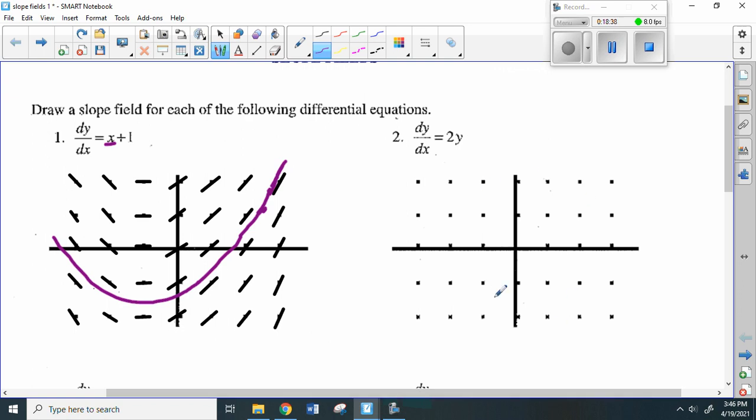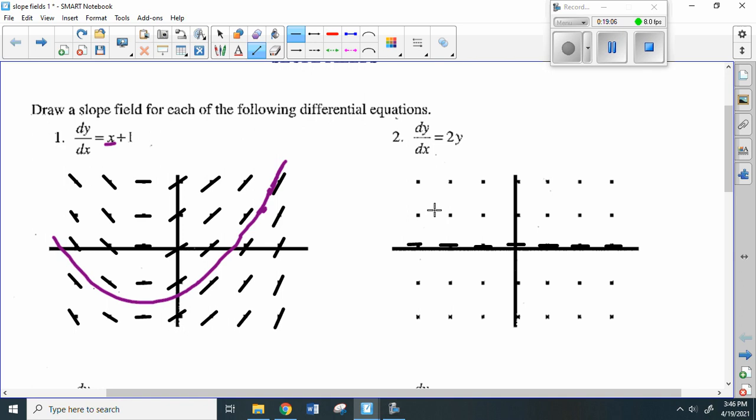Now in the next one, I want to give you one with only y. That means that for every one of these points, the y value is what changes the slope, and then you can decide where you want to start. I chose to start when the y value is 0: 2 times 0 gives me 0, so all my little line segments are horizontal.